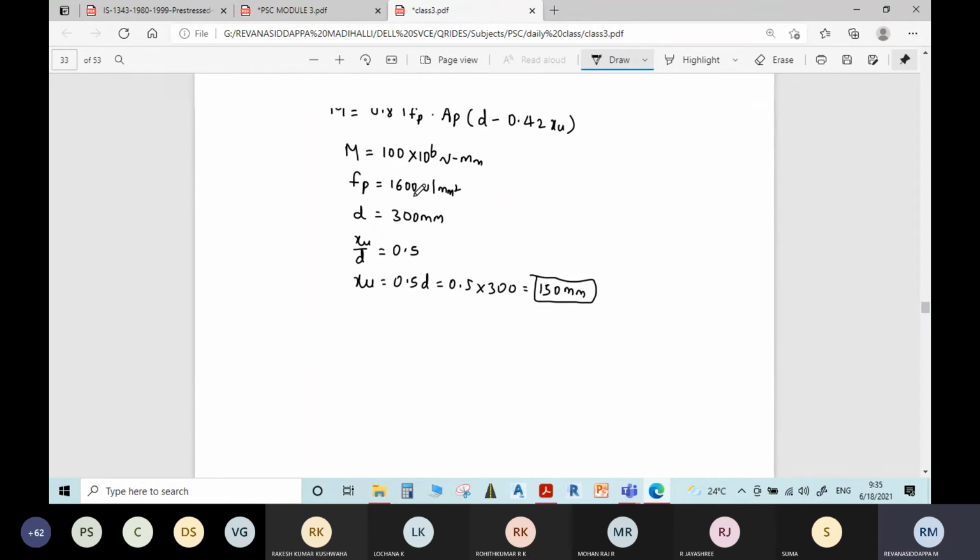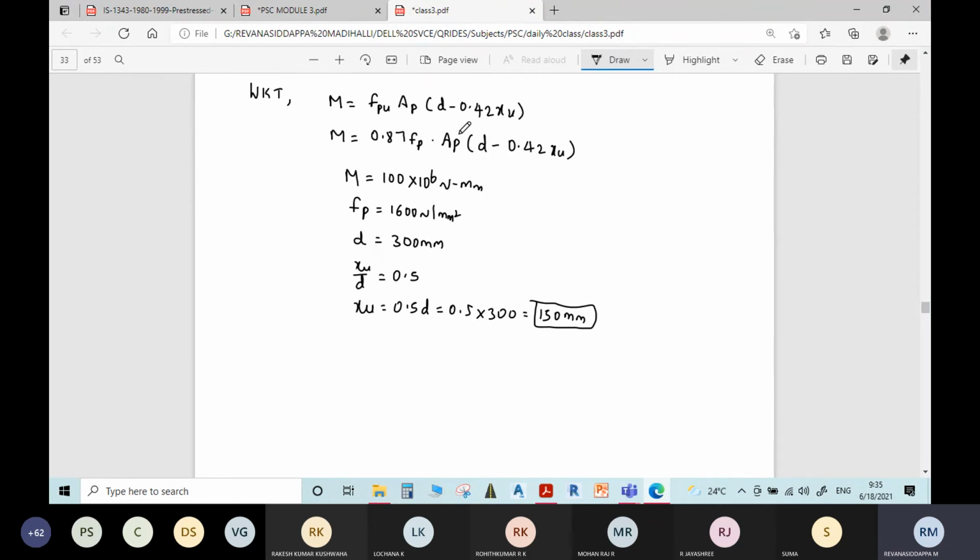Now substitute everything. Only the area of pre-stressing steel is unknown. Calculate it. Therefore, M is equal to 100 into 10 power 6 is equal to 0.87 into 1600 into AP is unknown into D is 300 minus 0.42 into 150.